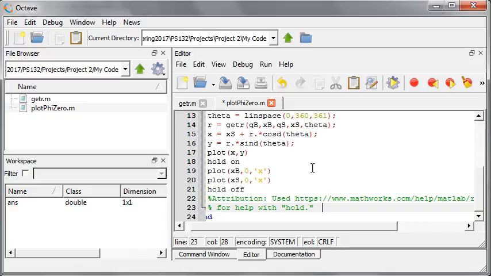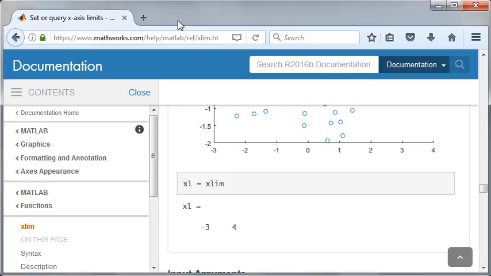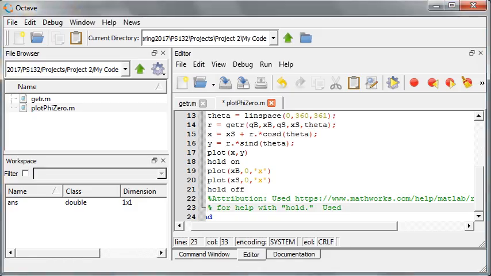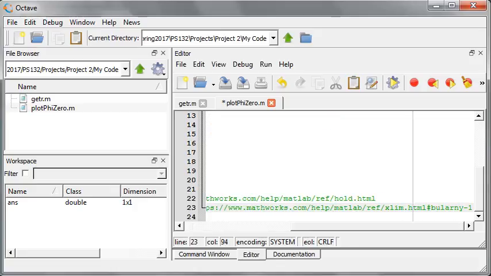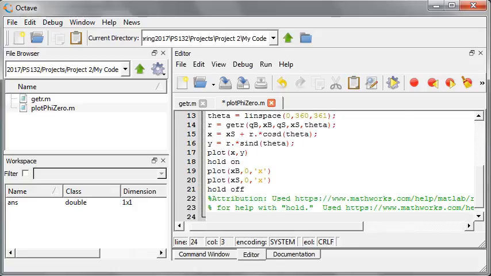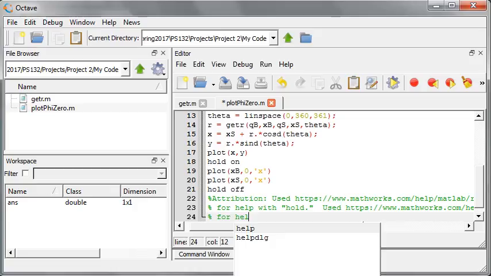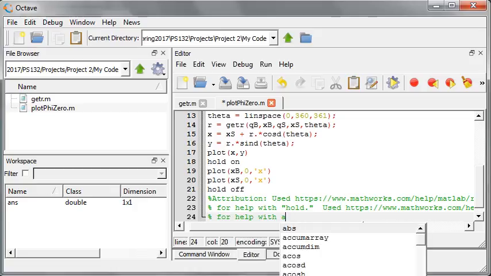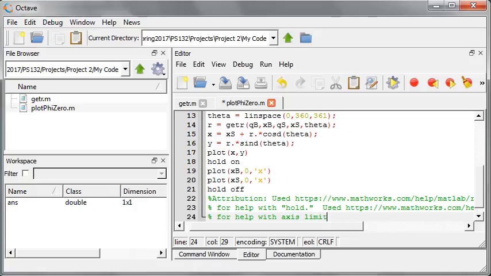So I'm gonna put that. Well, used. Let's see where I'm at. This URL, for help with axis limits.